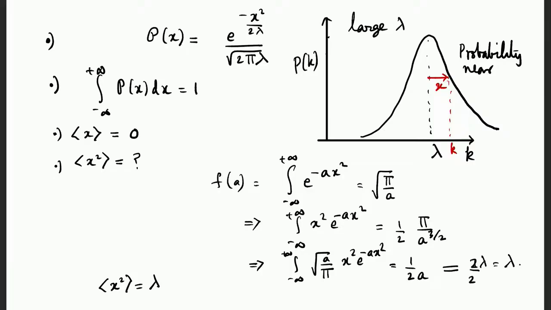Second is that if I compute expectation value of x, it is 0 because it's a plus minus symmetry. Third is if I compute expectation value of x square, if you do this integral, do the same trick, differentiate with respect to a and do the things fast, then you will get that your variance of x square is lambda. Okay, which is true because the variance of x square is the same as the variance of k.